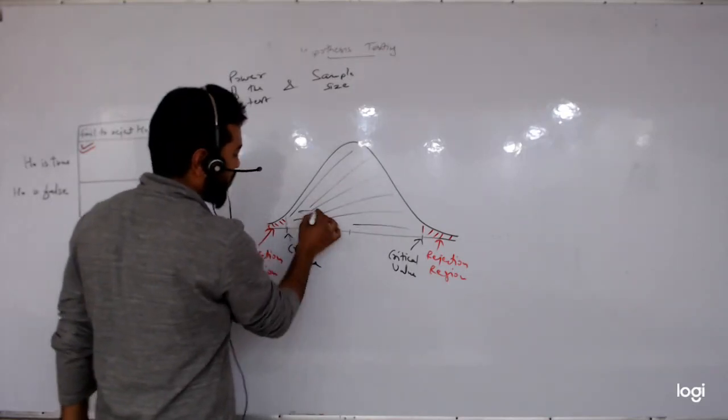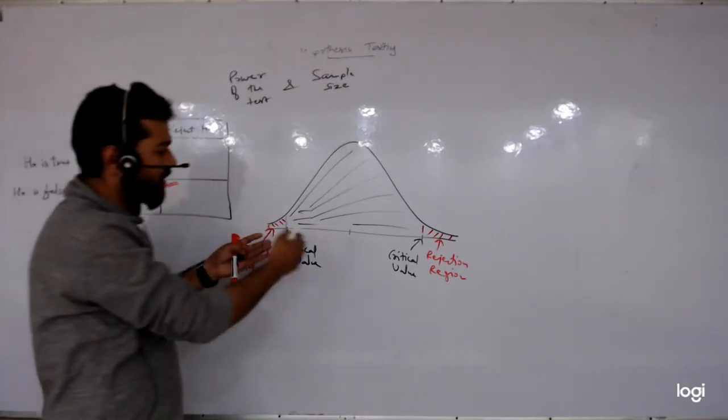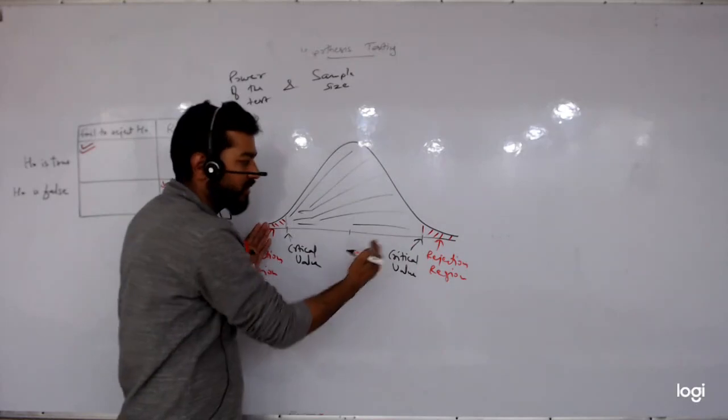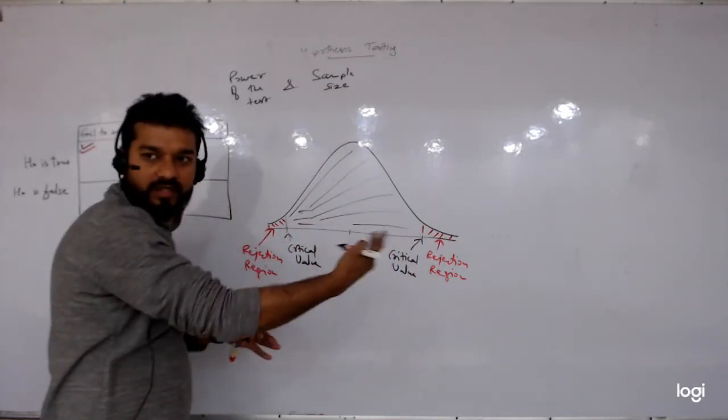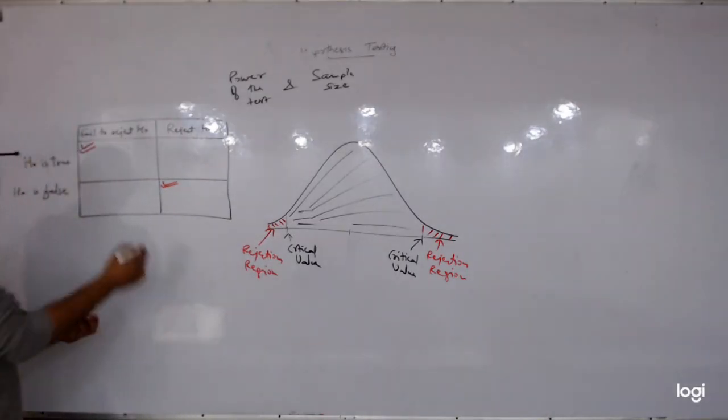And this area, what is it? It's 1 minus alpha, because level of significance is alpha, and we said that should be the area under the curve to the extreme side, to the right of the critical value, to the left. So the remaining becomes 1 minus alpha.